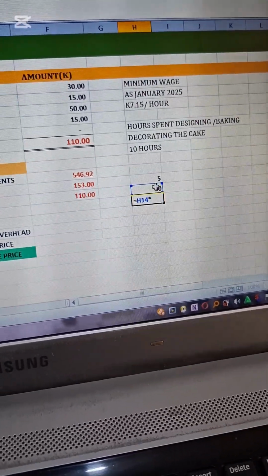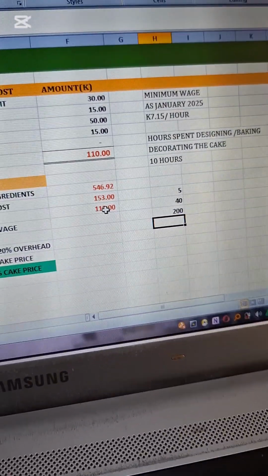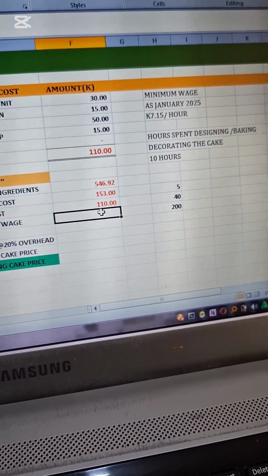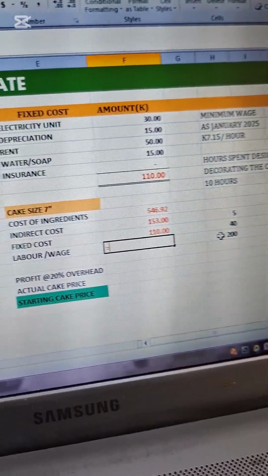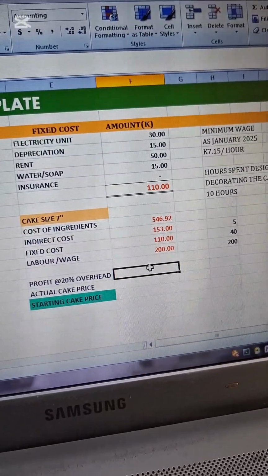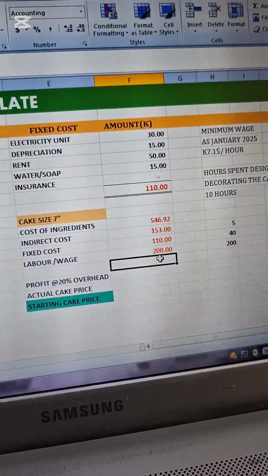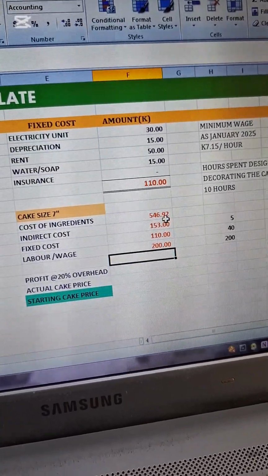But personally, I just calculate the number of hours it takes for me to bake and decorate the cake. Then I multiply that by 40 kwacha. So this is just my hourly rate that I've set. And in this instance, it took me about 5 hours to work on this cake.